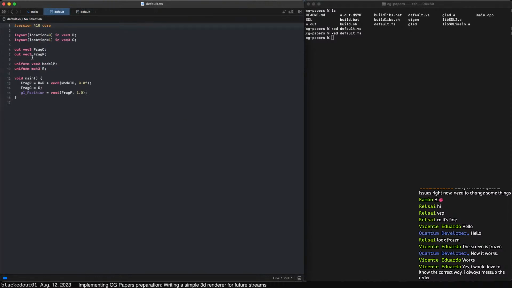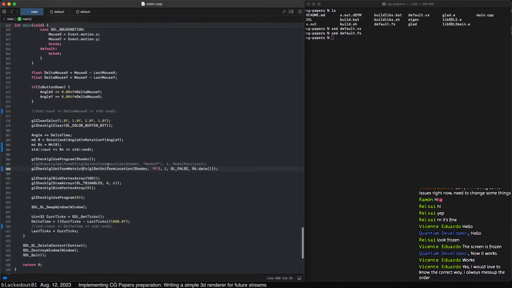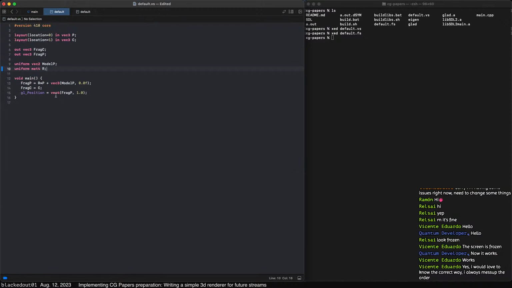So previously we had the matrix 3 here, and now because I changed this to a matrix 4, I want to change this here too. However, for that, like I said, the point needs to be a 4 component vector. So we need to add an additional W component.